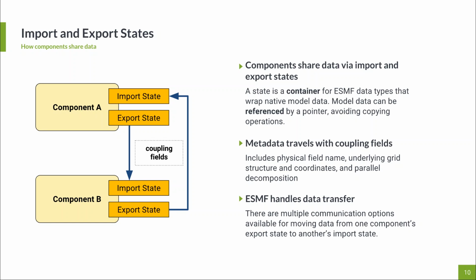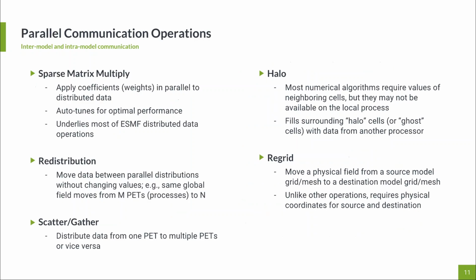And this is really one of the, I think, most powerful parts about ESMF: the different parallel communication options. It really simplifies your life over trying to write these things from scratch using MPI calls. All that is abstracted and hidden from you. So you won't necessarily see a lot of MPI calls when you're using the ESMF library.